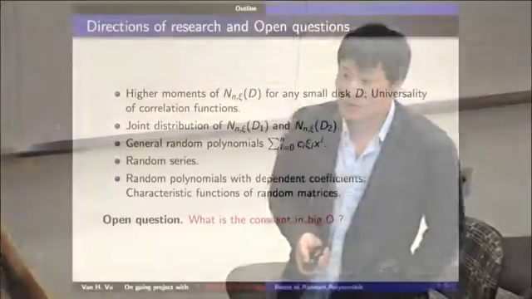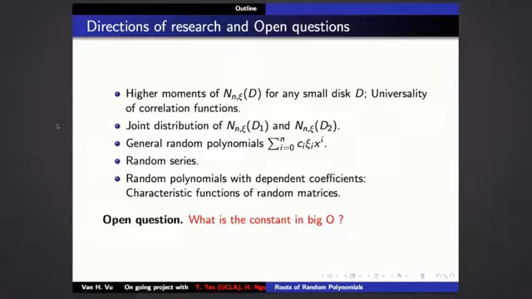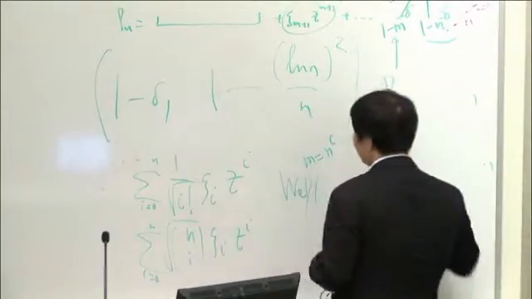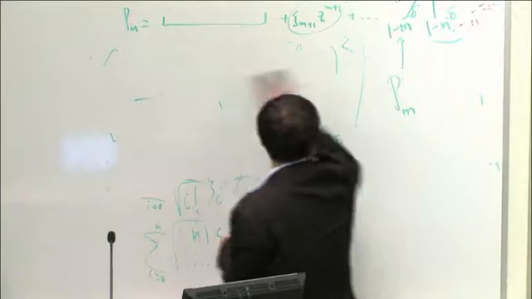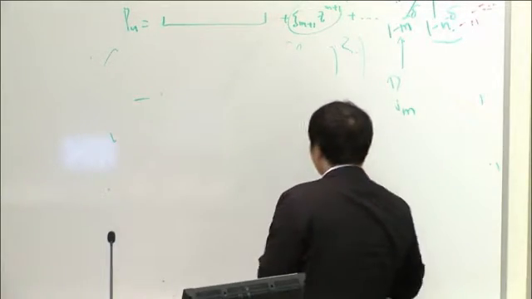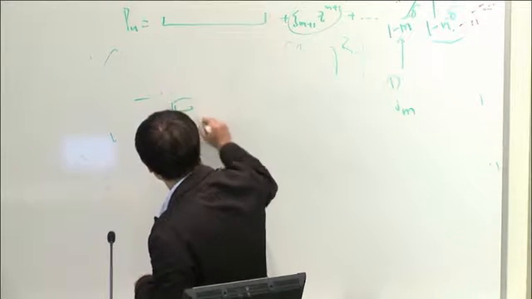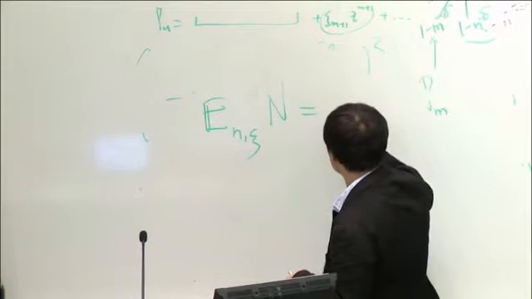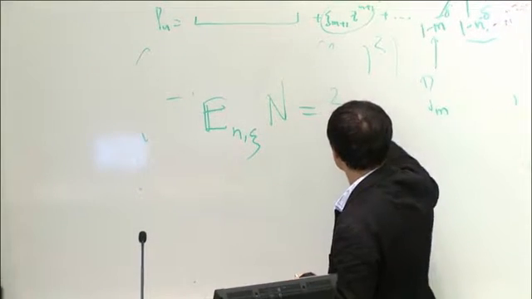One interesting question that I don't know how to solve is what is the constant in the big O? Right? So we know the very first result I mentioned, which I started with, is that E of N_n equals 2 over pi log n.